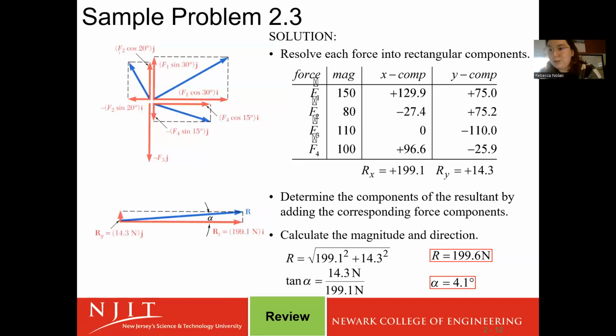So the magnitude of the resultant is going to equal the square root of the sum of the squares, the X element squared plus the Y element squared. So C squared equals A squared plus B squared.